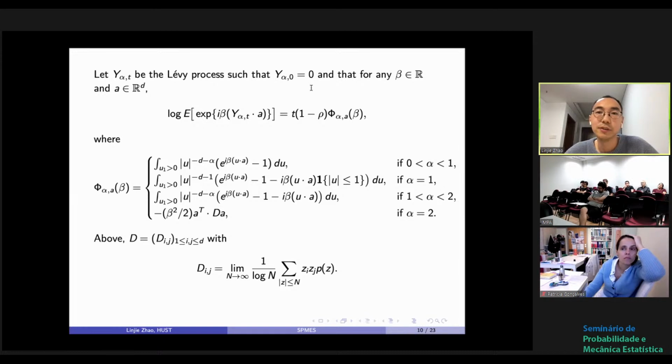So we only need to know the characteristic exponent of the Lévy process, and we denote it by phi here. And phi has the following formula. We don't need to care about this formula. We will see how this comes out in the second part of the talk. And we just note that if alpha is 2, then it is actually a Brownian motion.